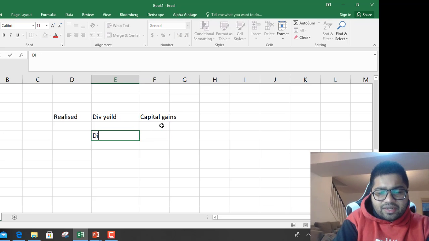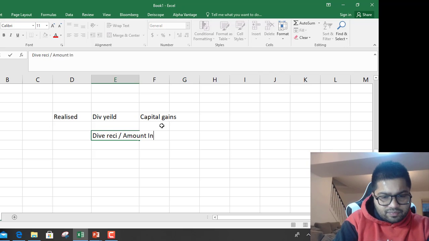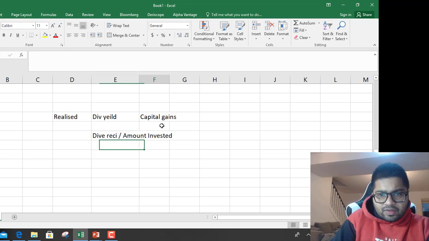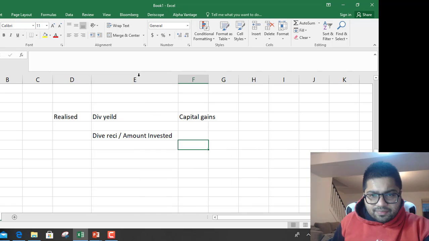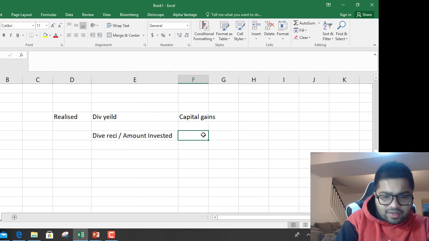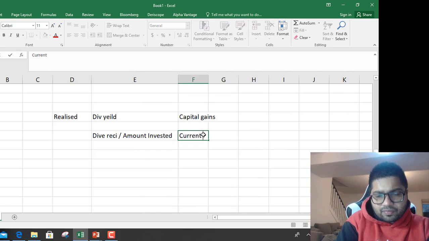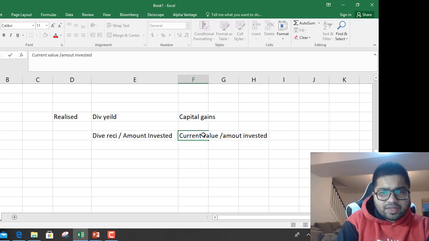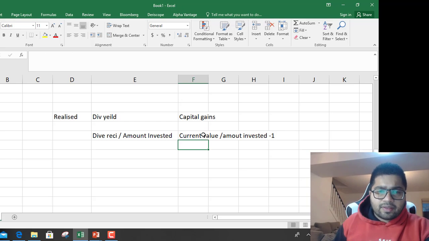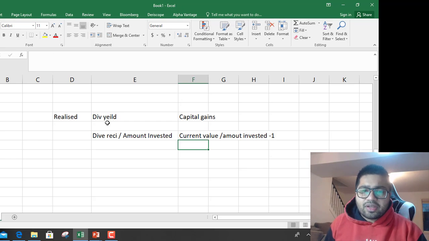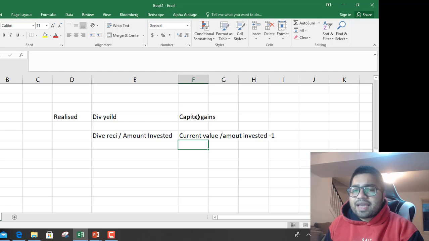It is dividend received divided by amount invested. What is capital gains? Capital gains is current value divided by amount invested, minus 1.